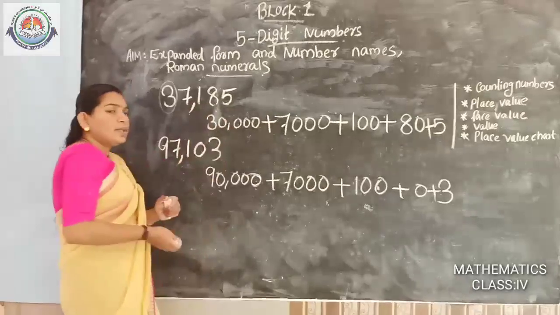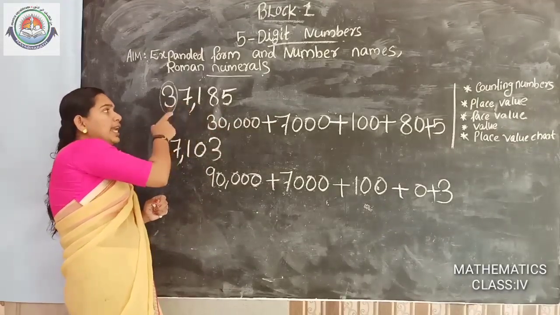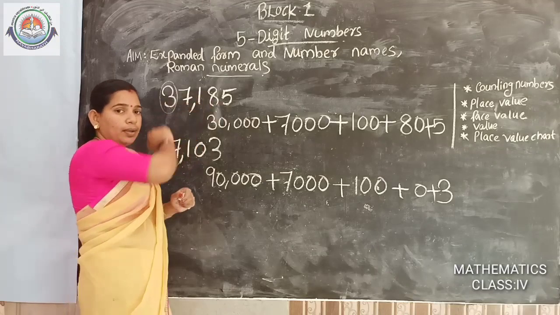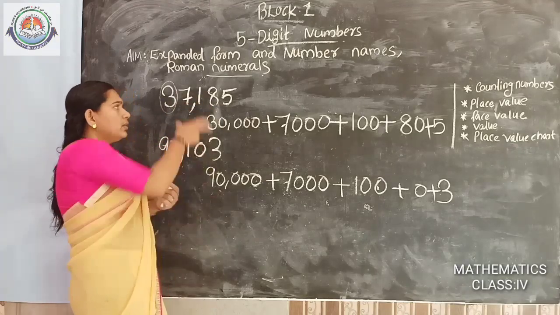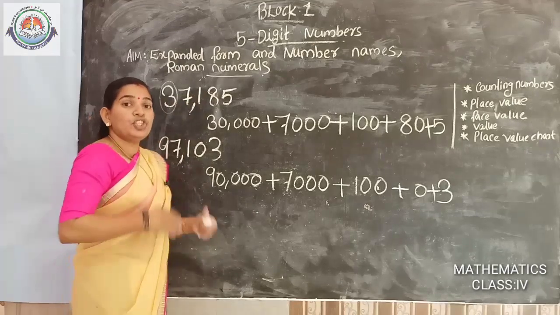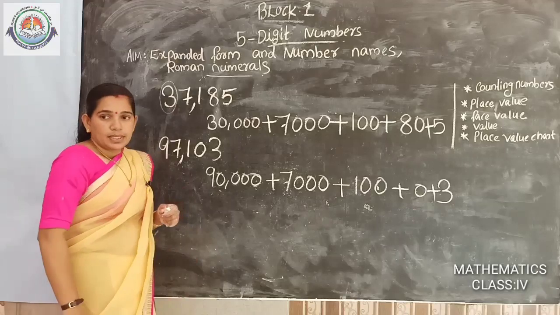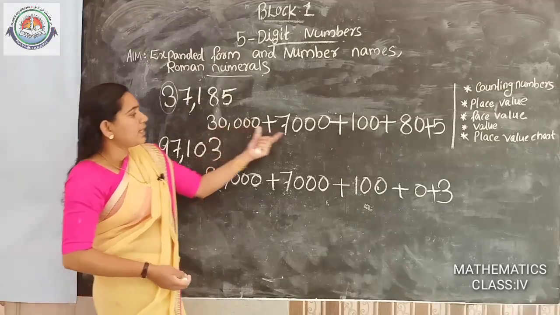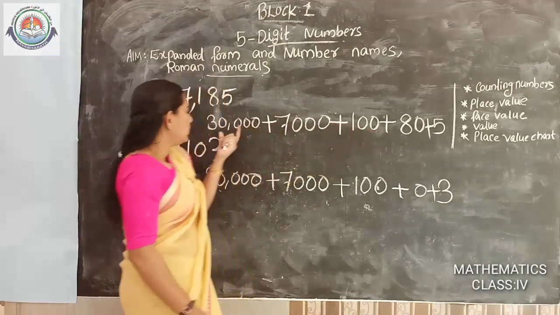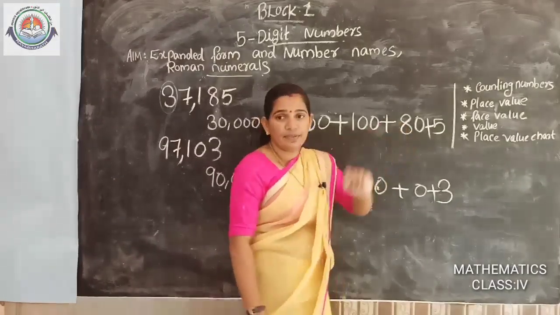Here we look at the expanded form of this number, 37185. 37185 is a 5-digit number. We want to write the number name. First we expand the number: 30,000 plus 7,000 plus 100 plus 80 plus 5.